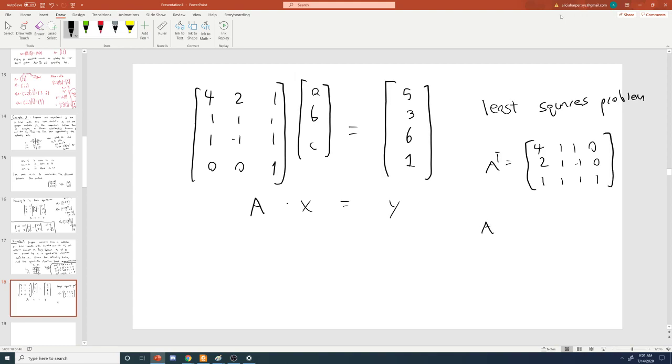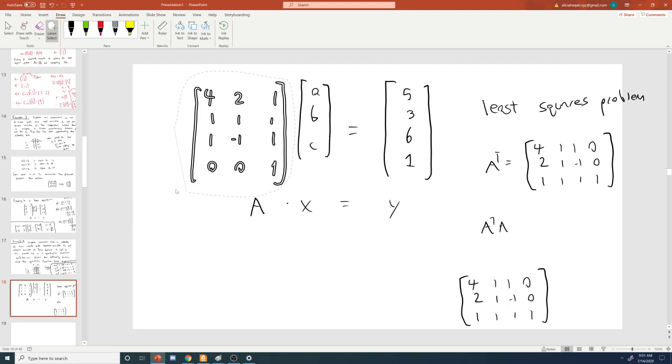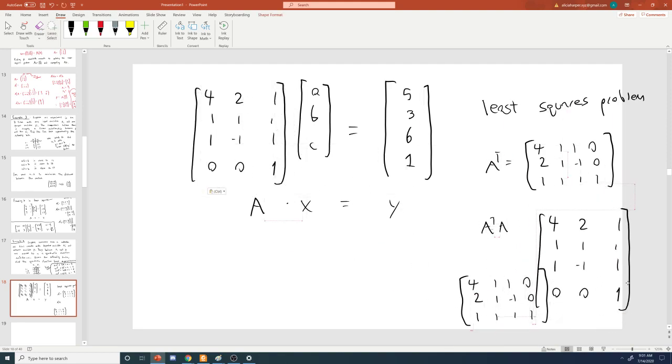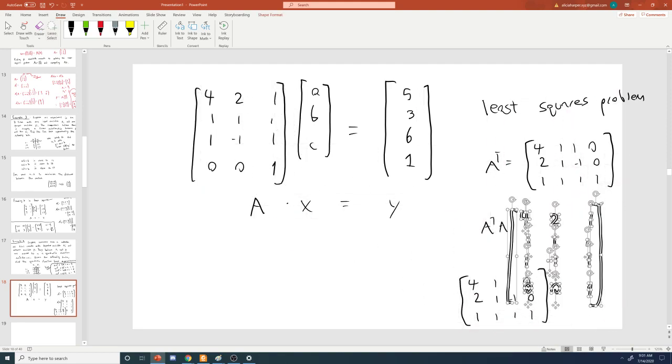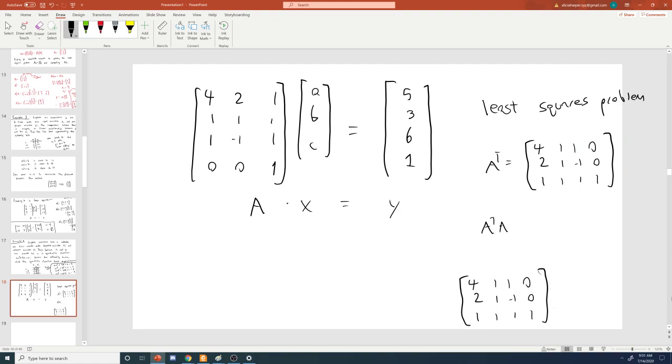Now I have to compute A transpose A. And so this is going to be the same thing as this multiplied with this. I'm just going to rewrite it. This multiplied with this.